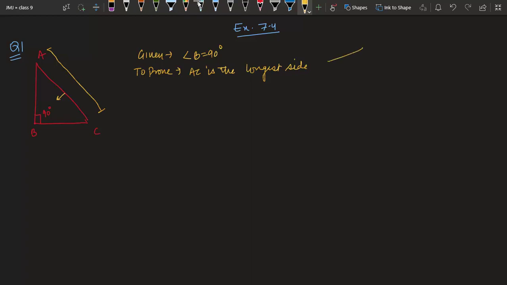So in the thinking process we have found that we have to prove angle B is largest. To prove this we have many criteria, so we will use one of those. Let's see. Proof.